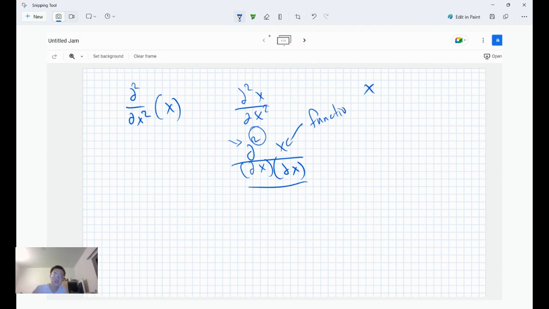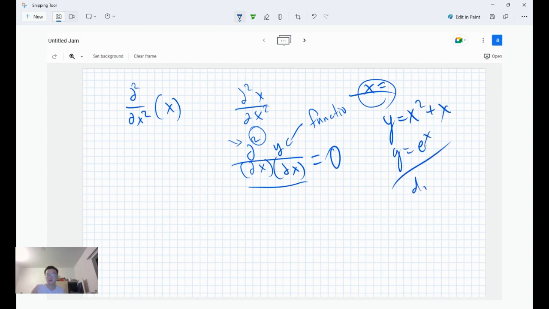If I take the derivative of x, that has to equal zero, because you're putting the input up like that. But if I was to put a function of y equal to x squared plus x, or x equal to e to the x or something different.